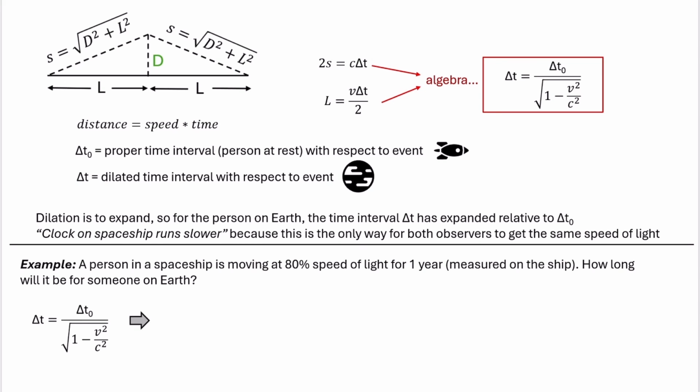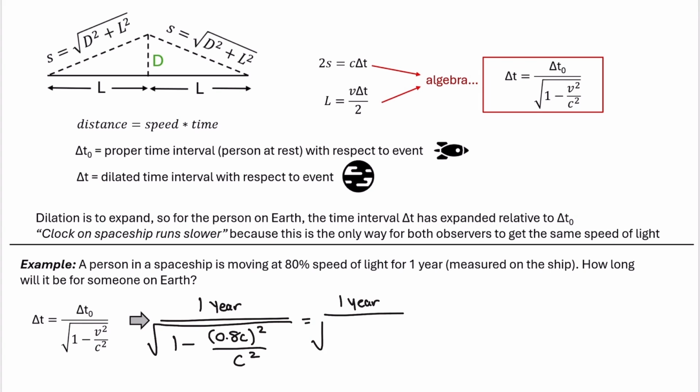Well, let's take that formula we got there and let's plug our stuff in. So we have 1 year. And v squared, our velocity squared, is 80% of the speed of light squared.